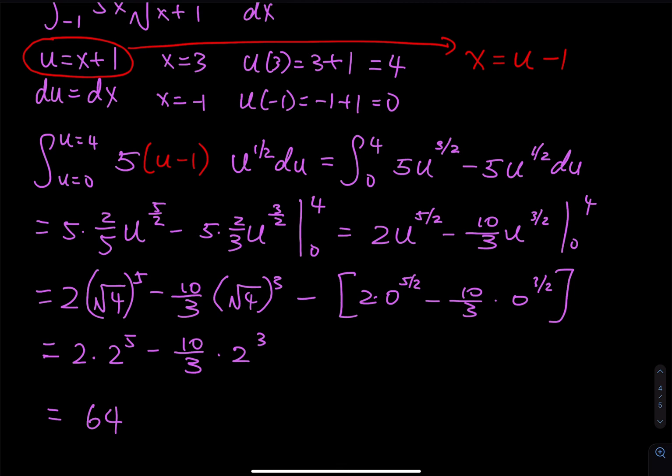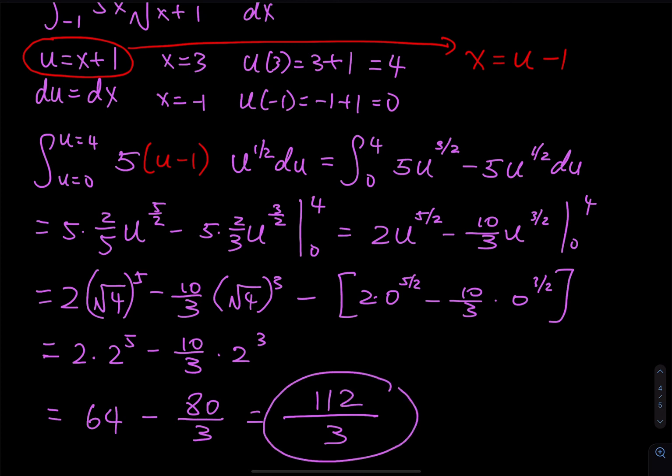This is 8, and 8 times 10 is 80. So 80 over 3, and then the denominator is 3. 64 times 3 minus 80 equals 112. So this is my answer, 112 over 3.